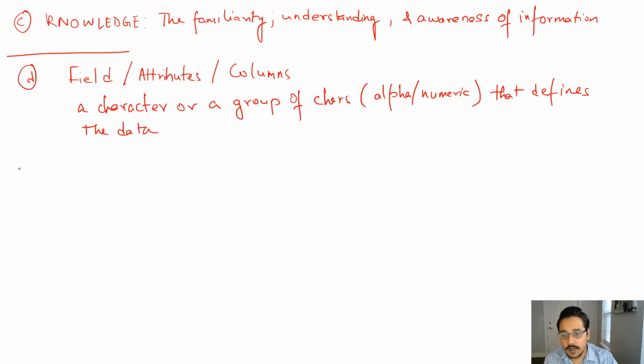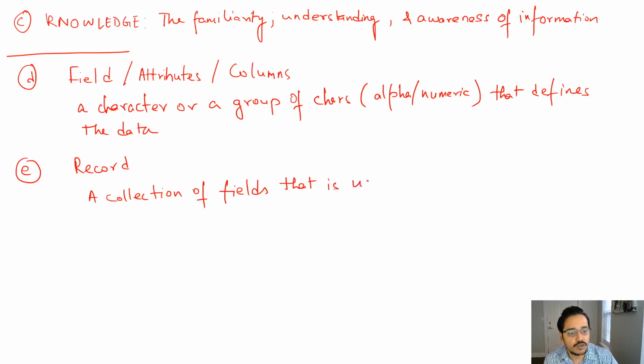Okay. Thereafter, you need to be familiar with the term which is known as a record. What is a record? Record is basically a collection of fields that is used to define a person, place, or a thing.